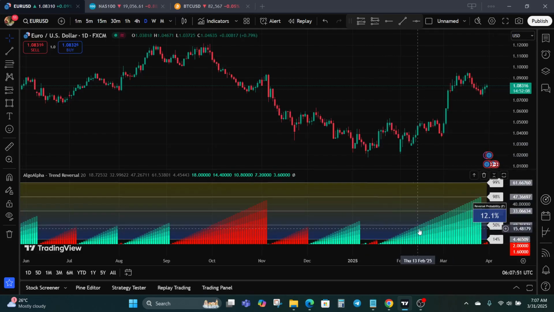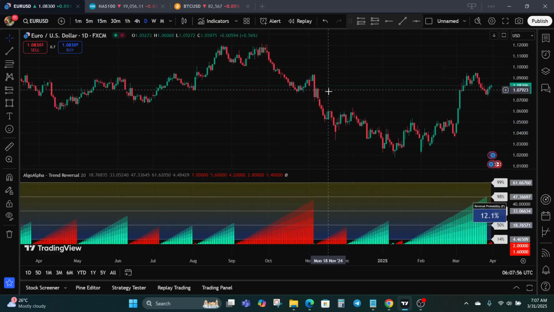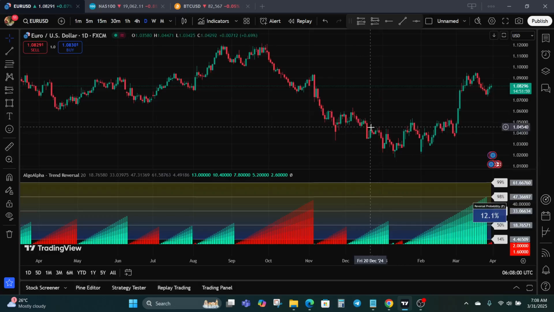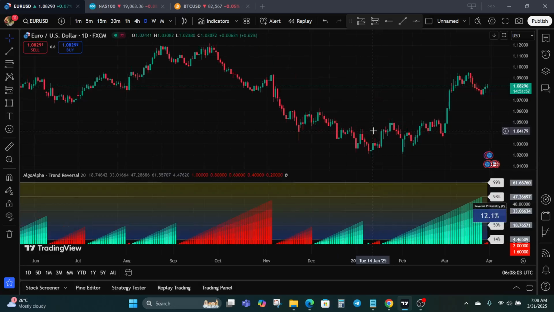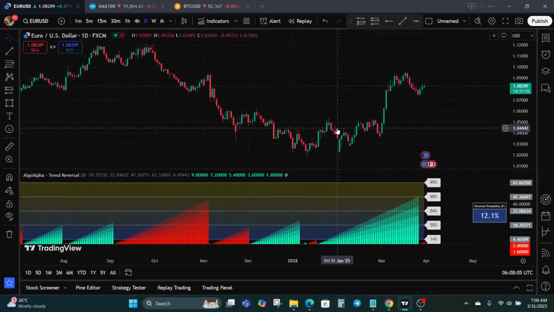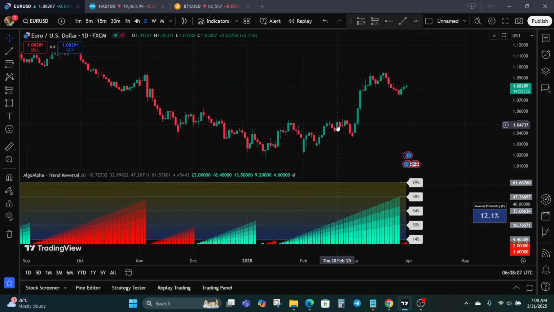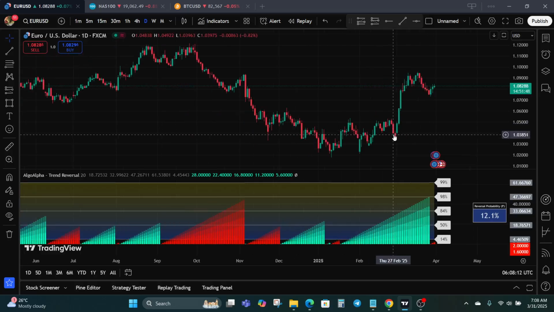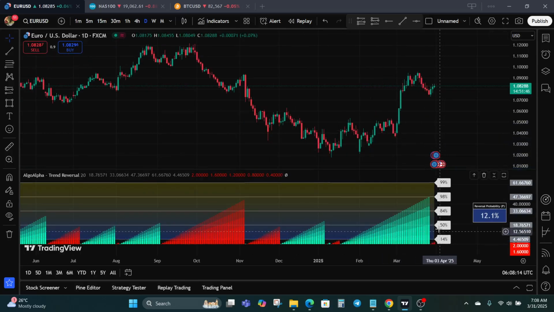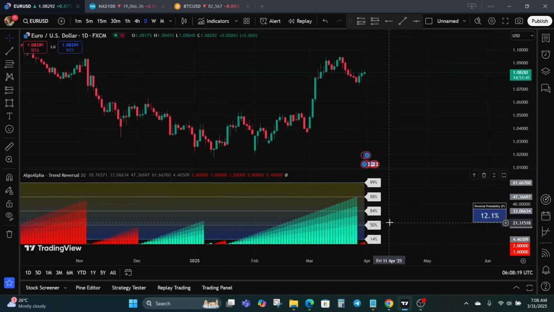Now, how does this simple oscillator work? The trend reversal probability indicator operates by analyzing price movements and market momentum. It looks at the strength of a trend and identifies key moments where a reversal could be on the horizon. You can see that right now the chance for a bearish reversal is at 12.1%.